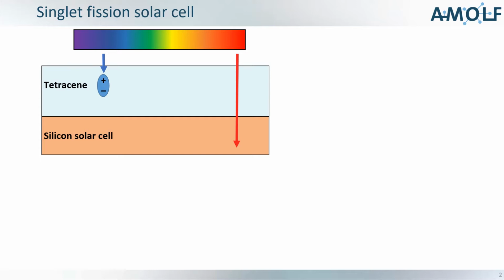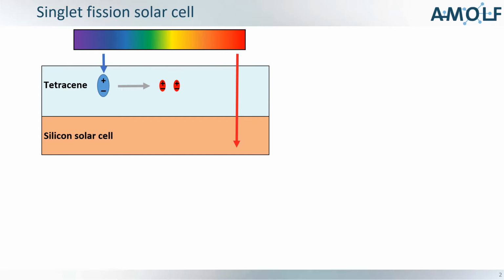These singlet excitons are able to undergo singlet fission to transform into two triplet excitons, with about half the energy of the singlet. Now, of course, it would be very interesting for photovoltaics if we could harvest the energy of the two triplets as electrons in the silicon solar cell.